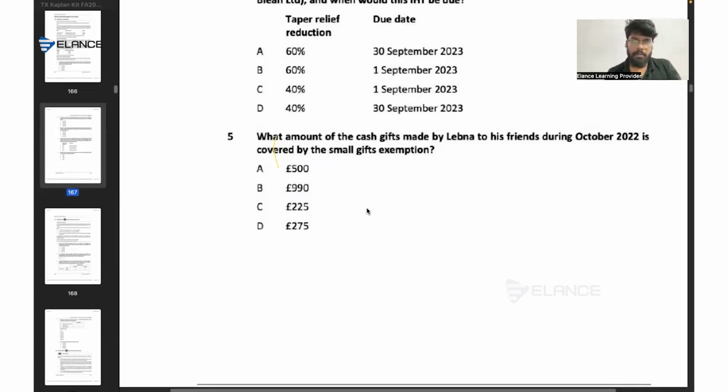Apart from that 15-mark question, there will be a 10-mark question in section C. The recent exam trend shows that tax planning and IHT are tested most. I am just showing you the trend. So you should also practice section C questions from IHT.